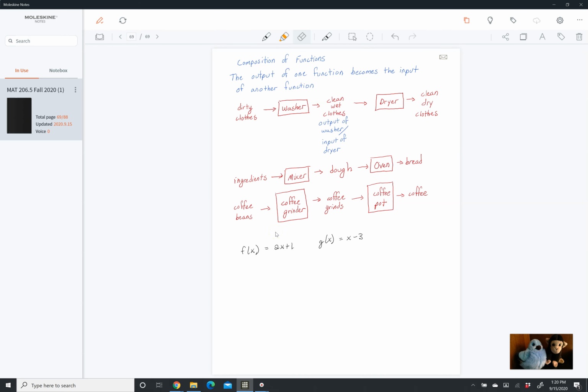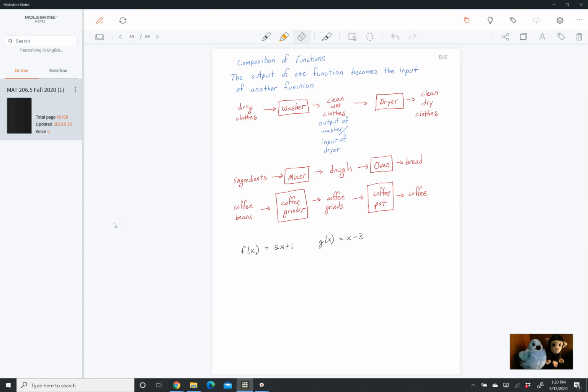Well, if we're going to compose these, then we're saying, okay, let's create an input, okay? So first of all, composition, there are two different ways that we could write it. This is kind of important. Two different ways that we could write it.